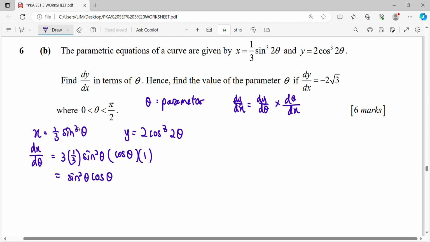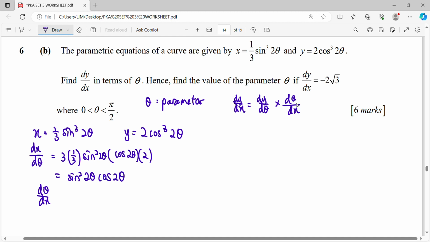And what we need here is d theta/dx, so we inverse it. Oh, my question has 2 theta here: sine squared 2 theta, cos 2 theta.